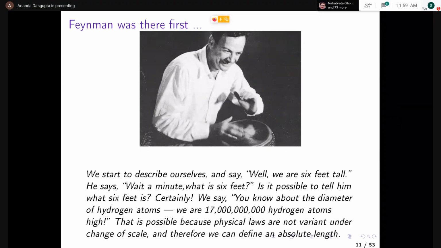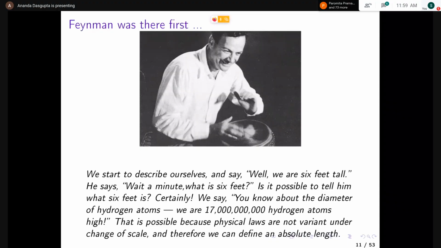That is possible because physical laws are not variant under change of scale, and therefore we can define an absolute length. This is very important. Feynman is stressing the fact that physics is the same for that alien and me. So my hydrogen atom is the same size as his hydrogen atom. So I should be able to tell him exactly how tall I am by using something we have in common.